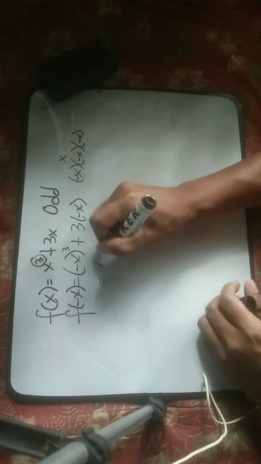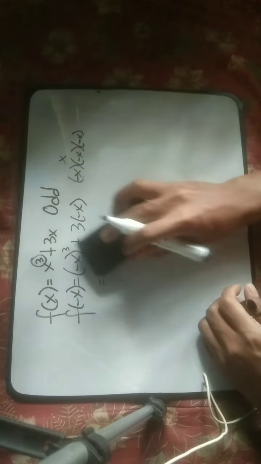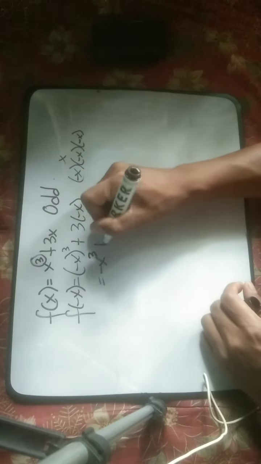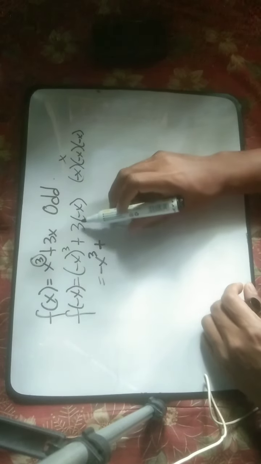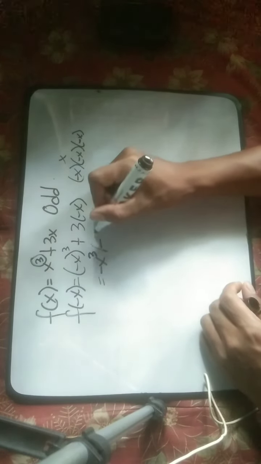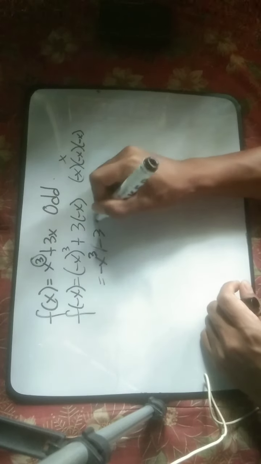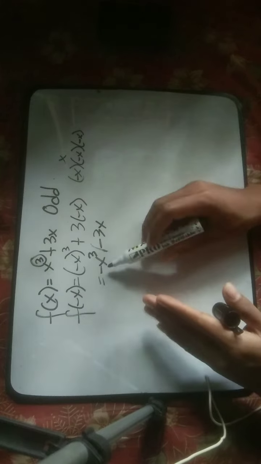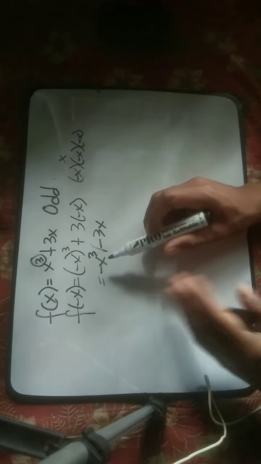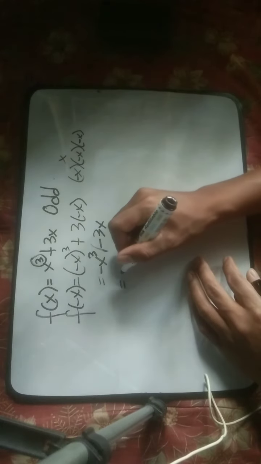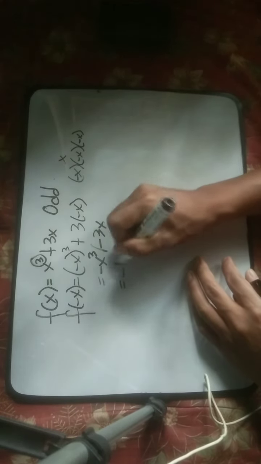So therefore the result here is negative x cubed plus negative x times 3, which is negative 3x. So our new function has changed the sign of the terms. So let's try to factor out negative 1.